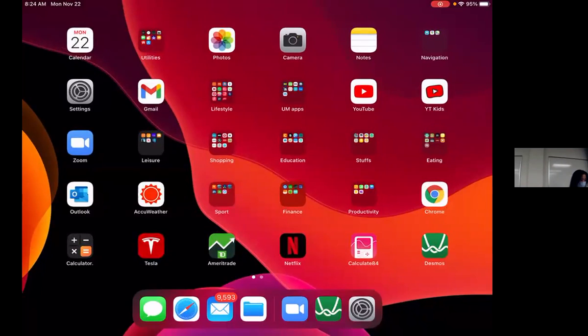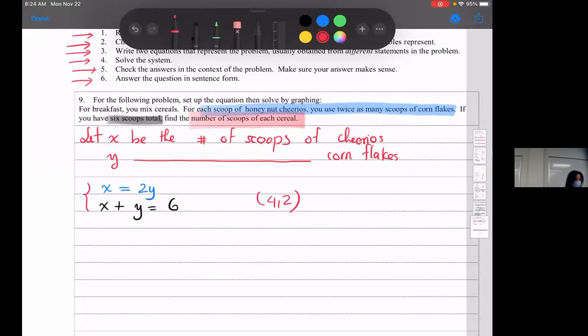But they say that for every scoop of honey nut Cheerio, you use twice as many scoops of cornflake. So it's supposed to be 2, 4, right? For every scoop, you use twice as many scoops of cornflake. Hang on, give me a second. Textbook.